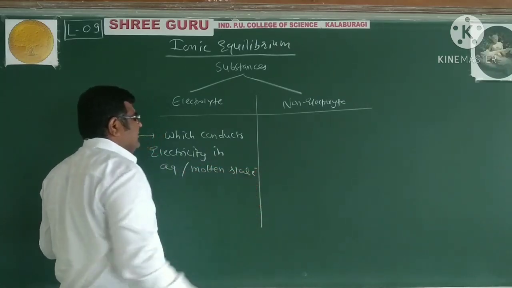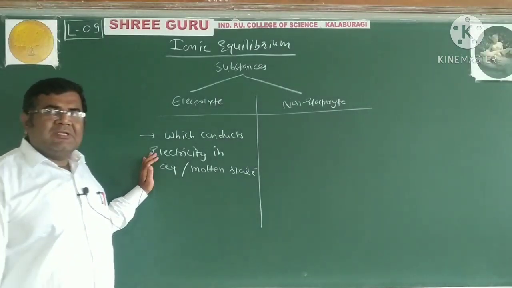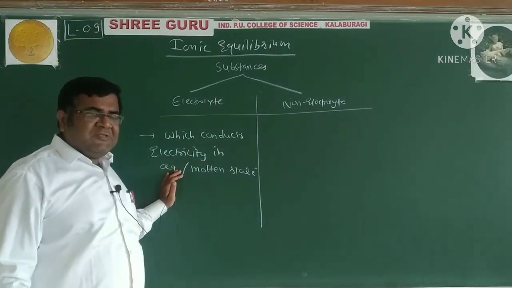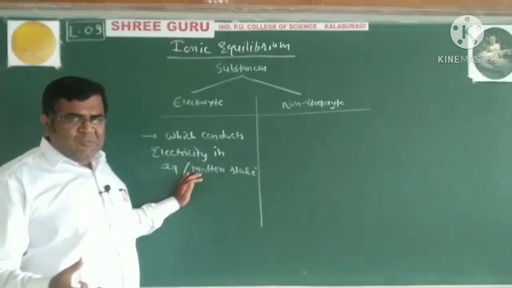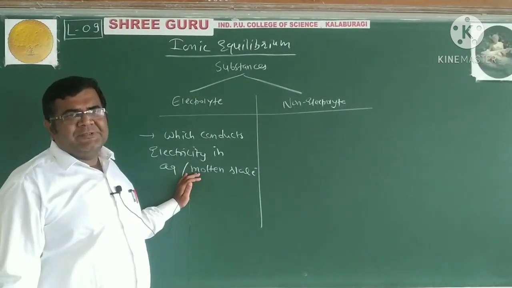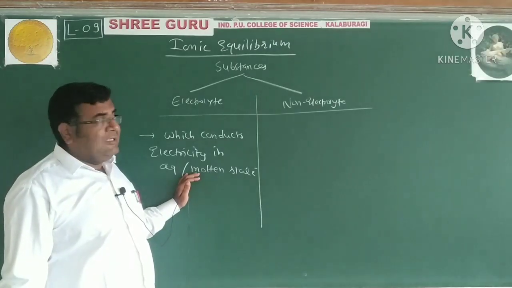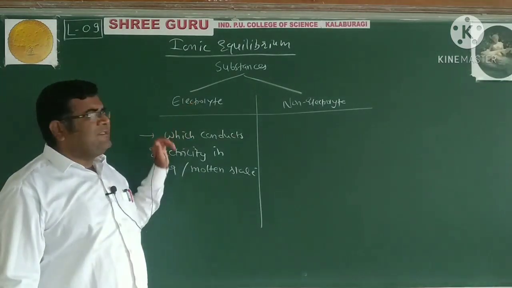This is the definition. If a substance conducts electricity in aqueous, meaning when we put it into water, or molten, meaning when we melt the solid and it becomes liquid and starts conducting electricity, such a substance we call an electrolyte.